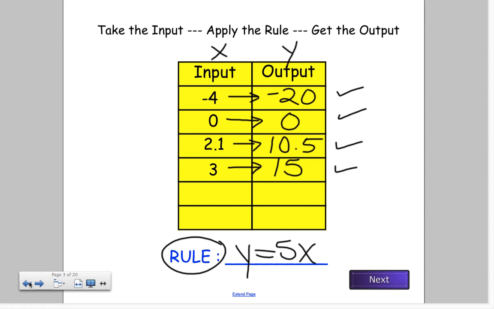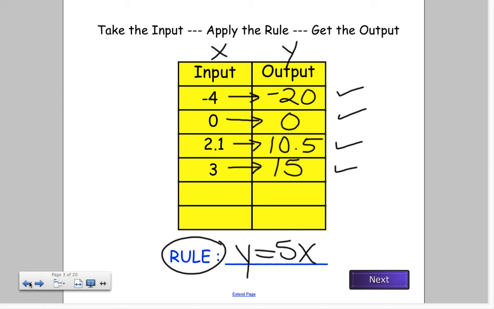All right, so we're going to start here. What is a function? A function is where for every x value, you have one y value. I'll repeat that. A function is where for every x value, you have one y, which means it's a 1-to-1 ratio, okay?